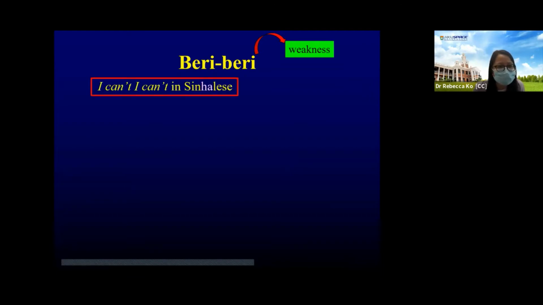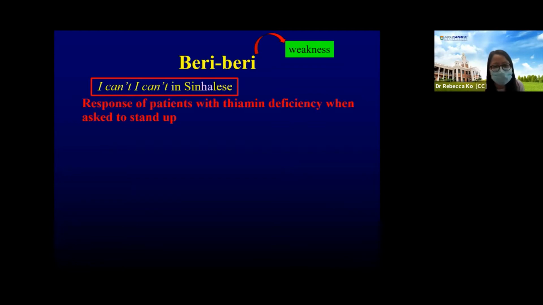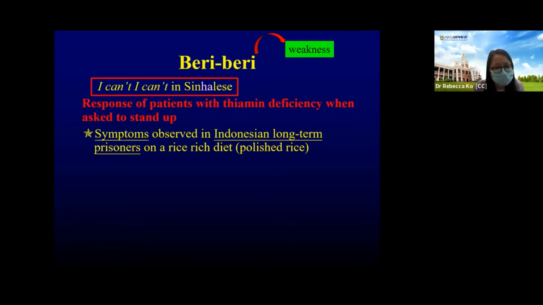They would say, oh, I can't stand up, even if it's a very simple action, I can't do that. That's the response from patients with B1 deficiency, thiamine deficiency, when they are asked to stand up, but it's not easy to do that.